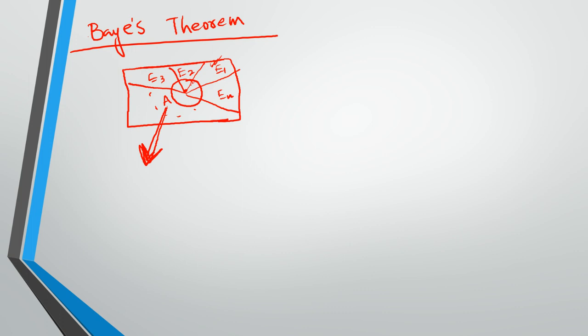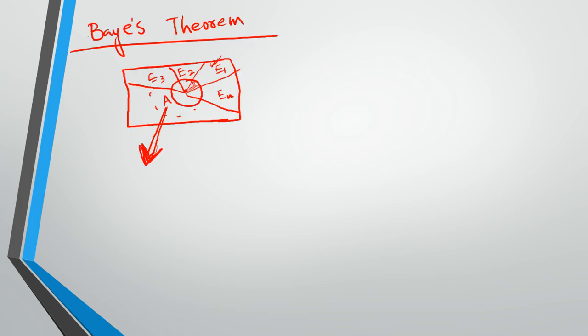That is, this event A is coming from this portion. I am telling you that A has occurred, but A can come from this portion, this portion, this portion, this portion. What is the probability that A is coming from the E1 portion?